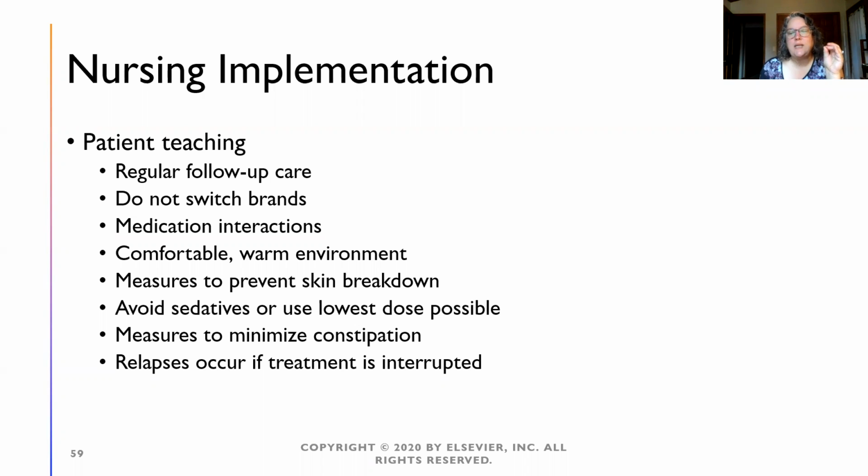So we need to make sure that they're not switching brands, or if they are, we need to be made aware of it by the pharmacy side of the team, so that we can help coach and guide them through any problems, because switching brands can sometimes create problems with their thyroid hormone levels, sending them into hypo or hyper, depending.